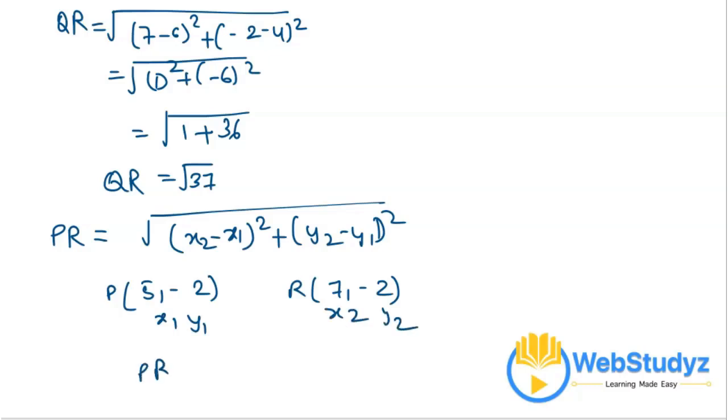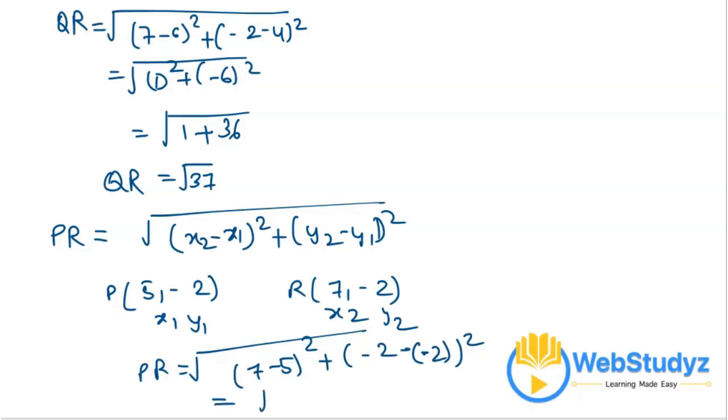So PR is the square root of (7 minus 5) whole square plus (-2 minus (-2)) whole square. This is equal to 2 square plus 0 square. So we get the value of PR, which is equal to the square root of 4. So PR is equal to 2.